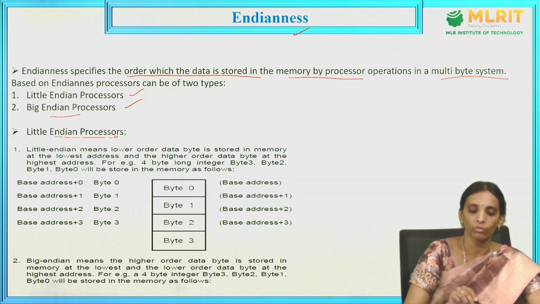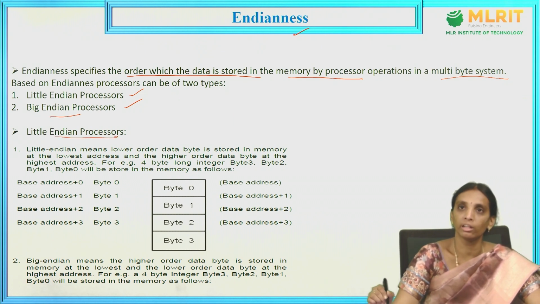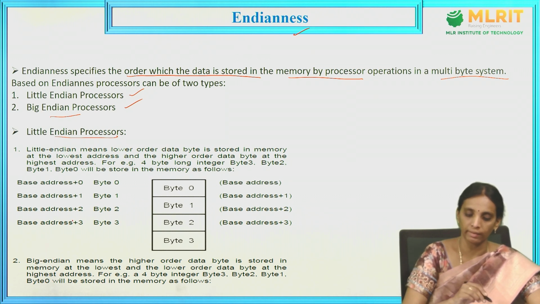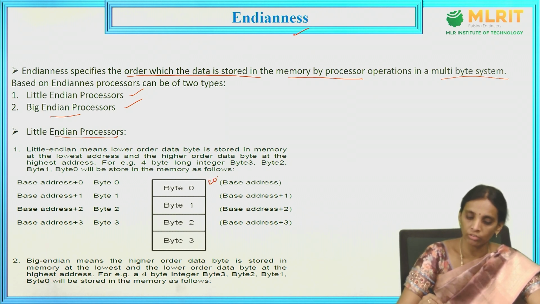In a little endian processor, the lower order data byte is stored in the lowest memory location and the higher order data byte is stored in the highest memory location. Let us take an example. Say the locations are 2000, 2001, 2002, 2003.